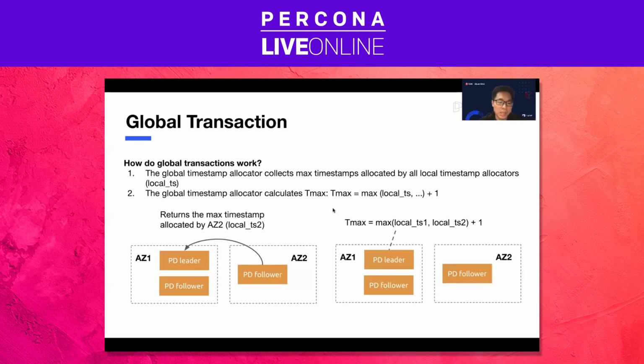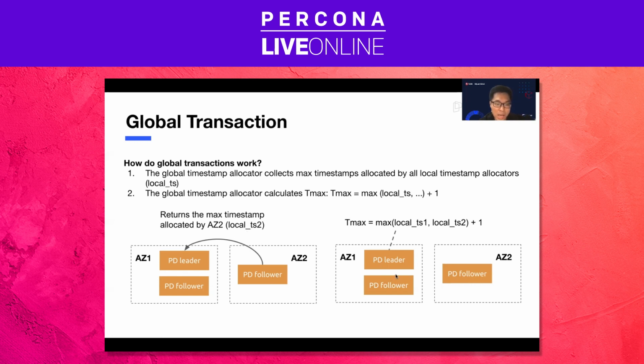I've described the concepts and rules which global transactions must conform to. Let's see how they work. Firstly, the global timestamp allocator collects the maximum timestamps which are already allocated by all the local timestamp allocators. Let's call it local TS.